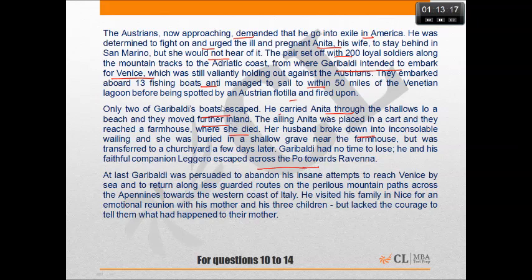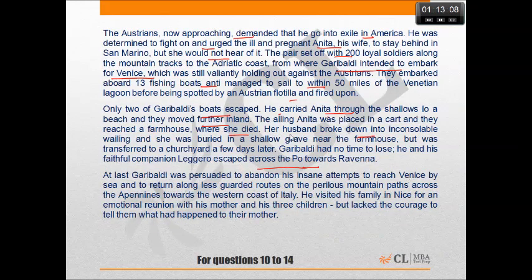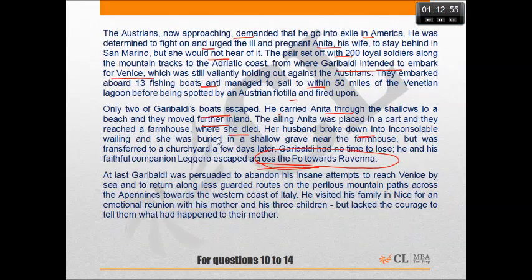Let me just go back. So he escaped across the Po towards Ravenna. Let me just check the choices. Left towards Ravenna is here. He went across the Po, sorry.